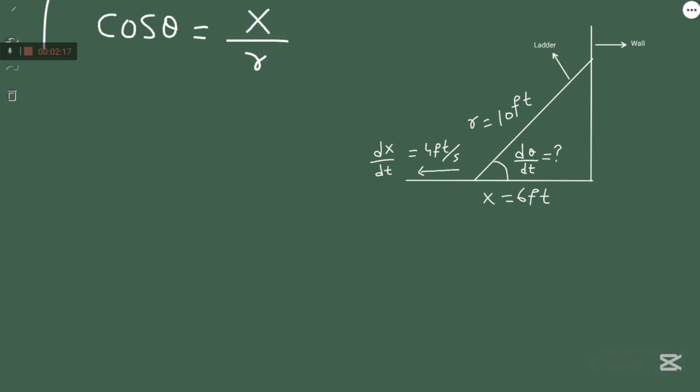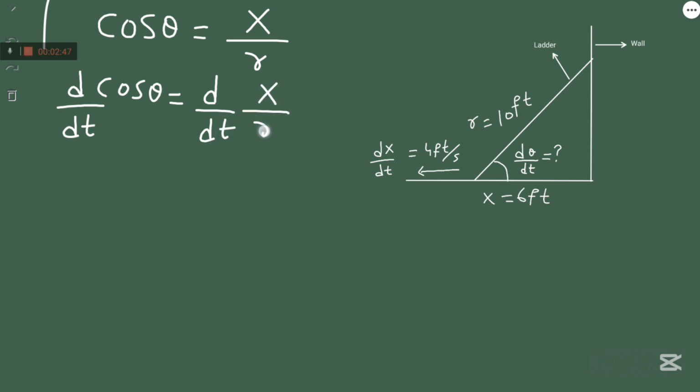If I take the derivative on both sides, I can write d over dt of cos theta equal to d over dt of x over r.